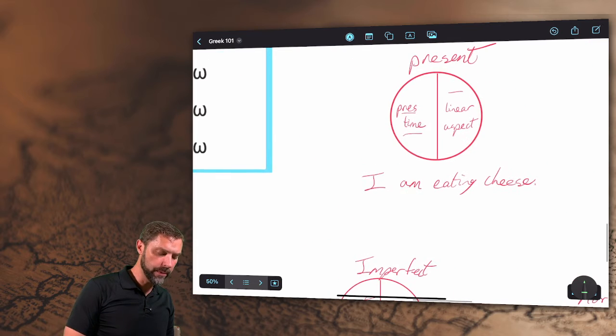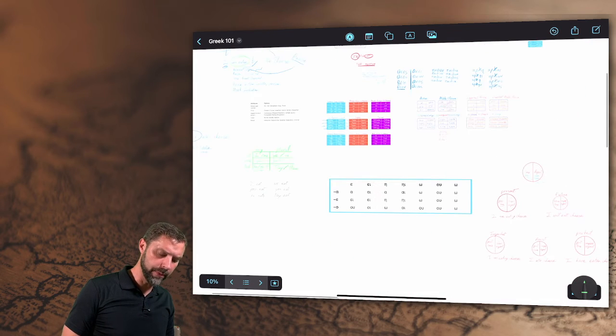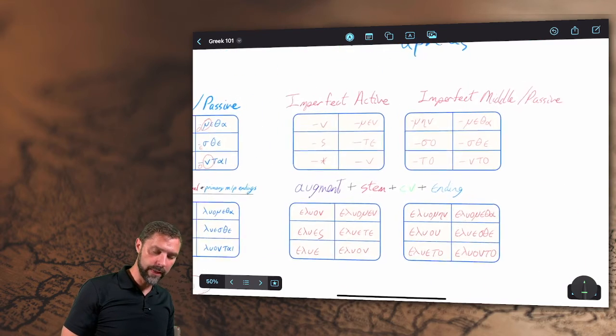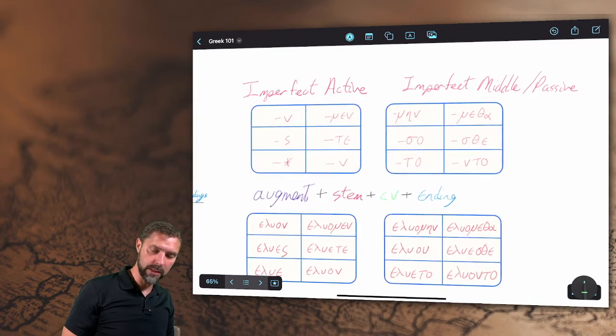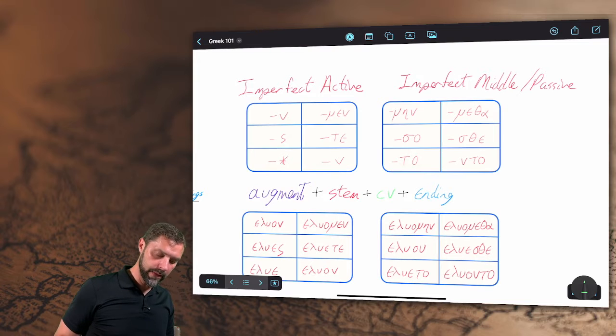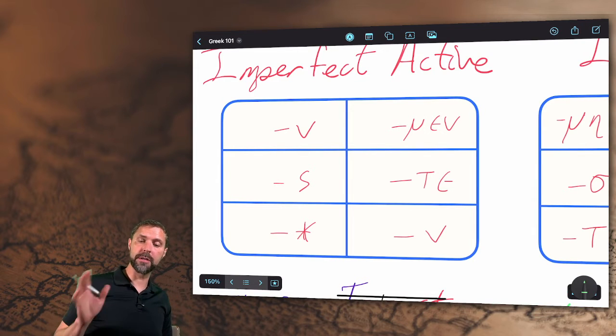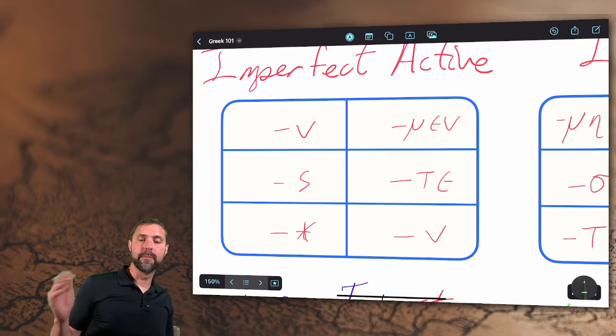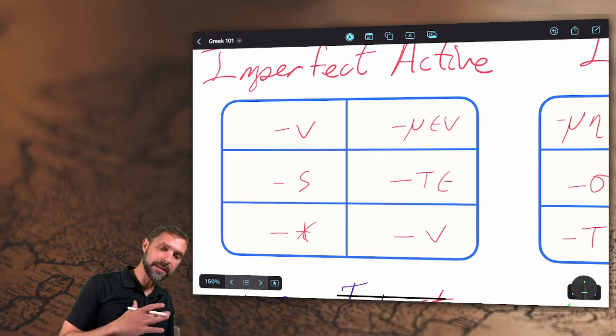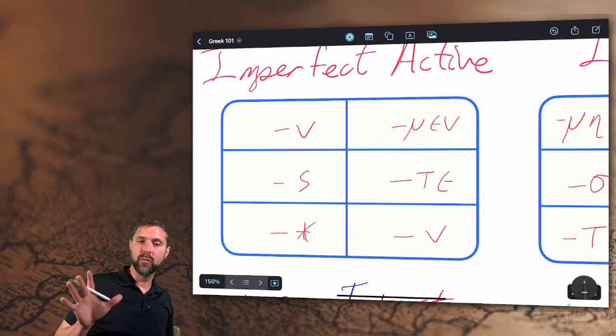Okay, to form the imperfect tense, it's kind of the grammar of the imperfect tense. Plummer gives a lot more detail, but to form the imperfect tense, you're going to need to know these charts. Okay, and these first two charts actually reappear quite a few more times. In fact, if it's any encouragement to you, these basic charts you learned last time will be used for two of the tenses, 2.5, I guess.